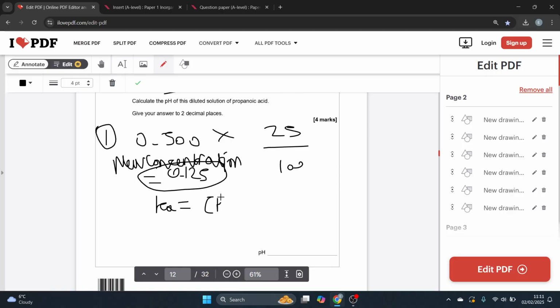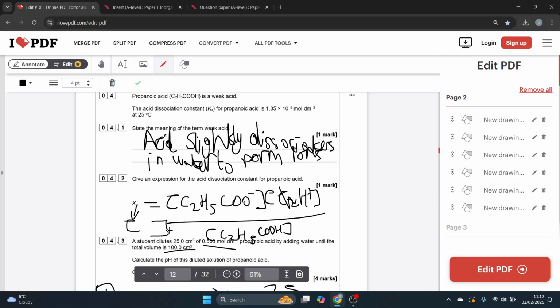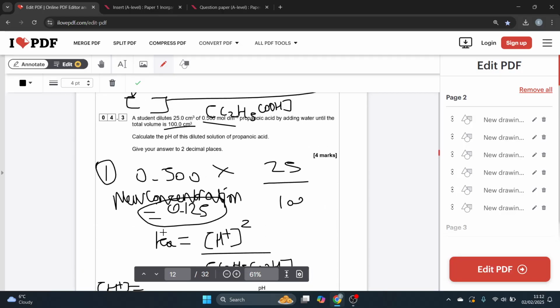So I can say Ka is equal to concentration H plus squared divided by C2H5COOH. Concentration H plus equals the square root of Ka, which is 1.35 times 10 to the power minus 5, times 0.125. pH is minus log 10 of my answer. I get 2.89.